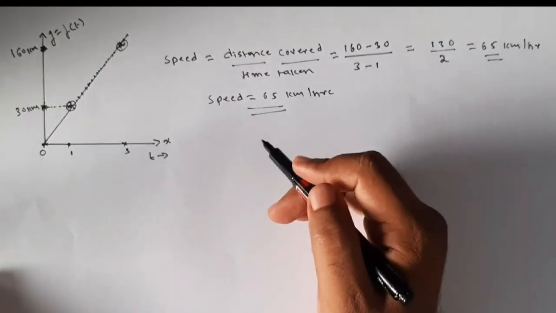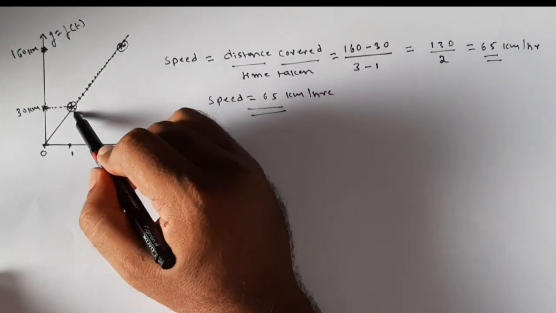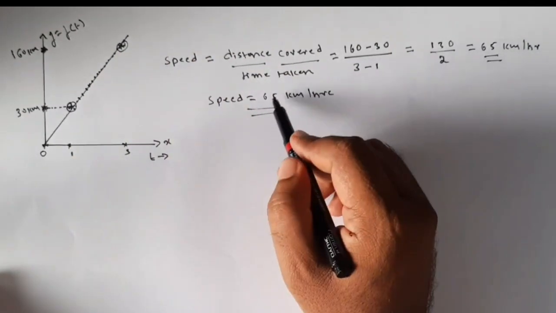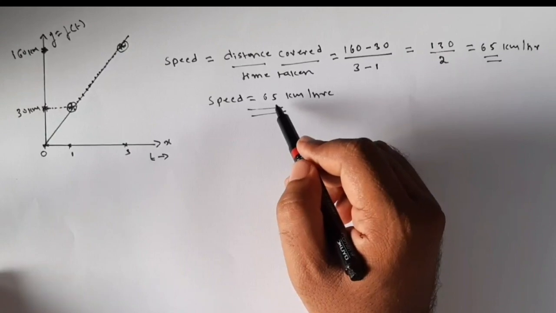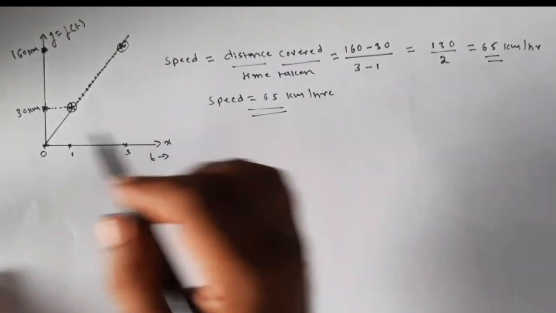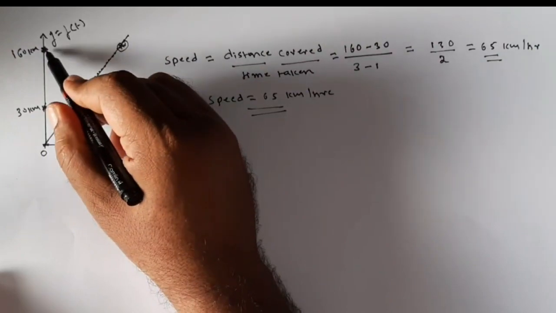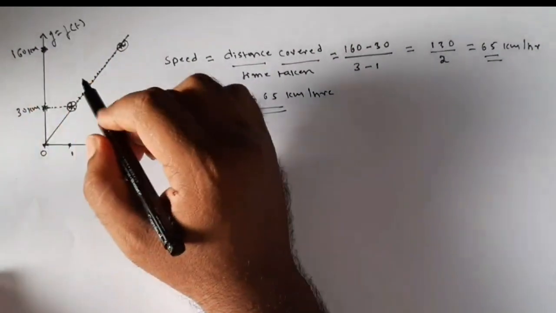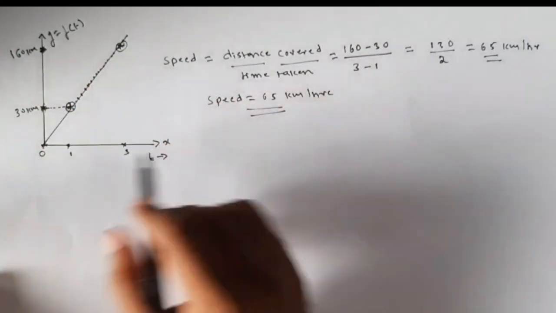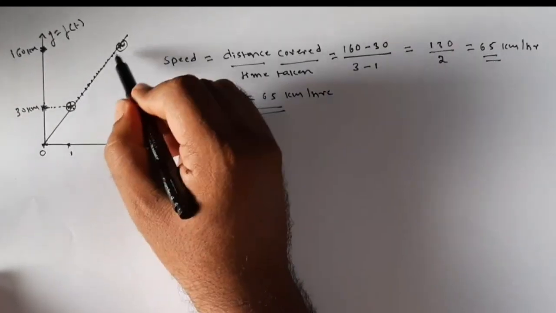If you drive the car below 65 kilometer speed, you will reach this position, but you will take more than 2 hours. And if you drive your car at more than 65 kilometer speed, you will cover this distance within 2 hours. But in this example, the time taken to cover this distance is 2 hours, so you have to maintain the constant speed of 65 kilometer per hour from here to here.